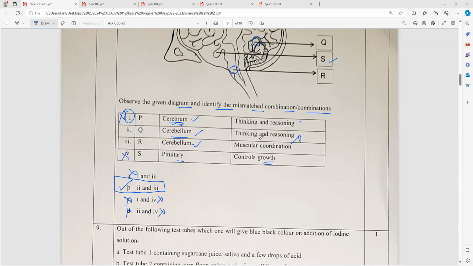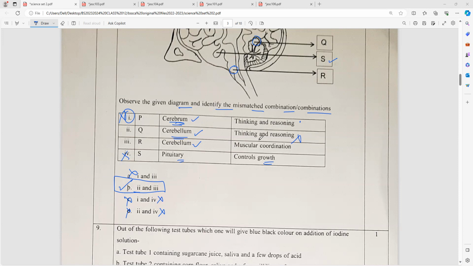Pons, cerebellum, and medulla: the pons takes part in regulating respiration, and cerebellum helps in maintaining the posture and balance of the body. And in the same way, medulla controls various involuntary actions such as heartbeat, breathing, blood pressure, as well as peristaltic movement of alimentary canal. Am I right? Correct?